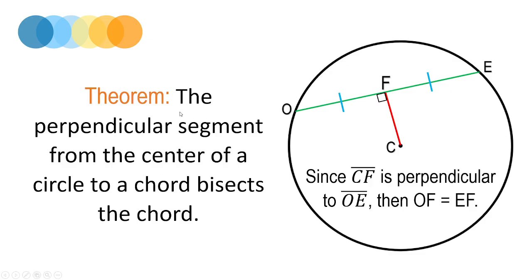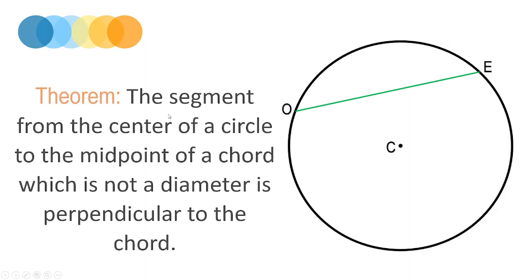Now there's another theorem stating that the segment from the center of a circle to the midpoint of a chord, say F here is the midpoint, with an indicator that OF is equal to FE, which means F is a midpoint of chord OE.